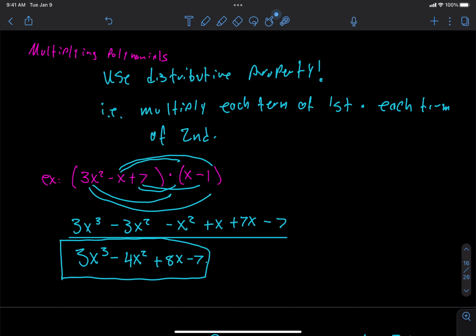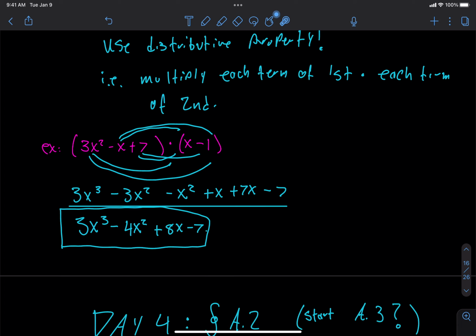In this case, since there were 3 terms in the first polynomial and 2 terms in the second, I ended up with a total of 1, 2, 3, 4, 5, 6 summands. Summand is a word that we use for the component of a sum. So we have 6 summands here coming from 3 times 2. That's one way that you can check whether you got everything.